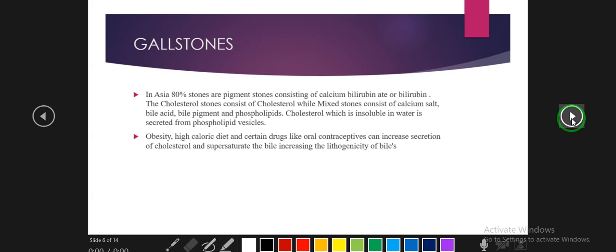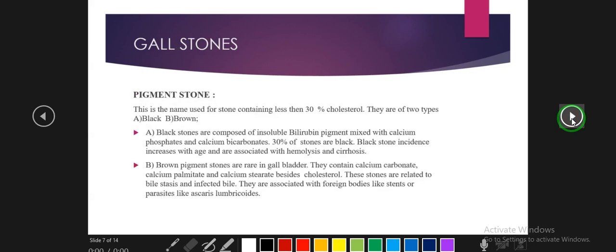Cholesterol, which is insoluble in water, is secreted from phospholipid vesicles. Obesity, high caloric diet, and certain drugs like oral contraceptives can increase the secretion of cholesterol and supersaturation of the bile, increasing the lithogenicity of the bile. Lithogenicity of the bile means producing stones in the bile.